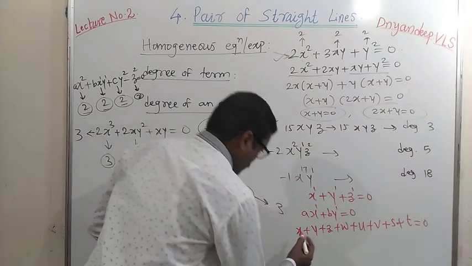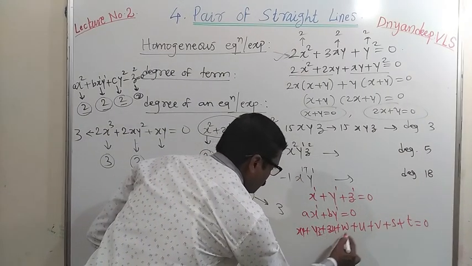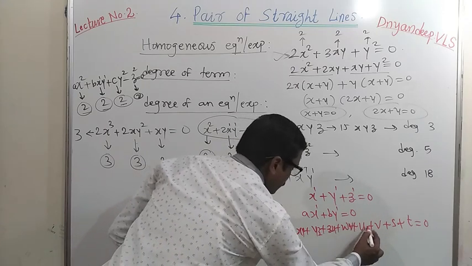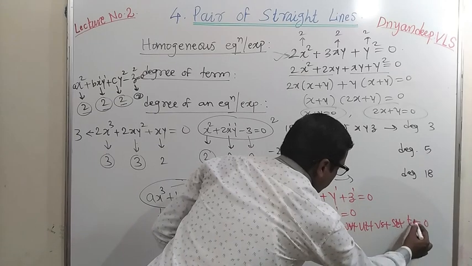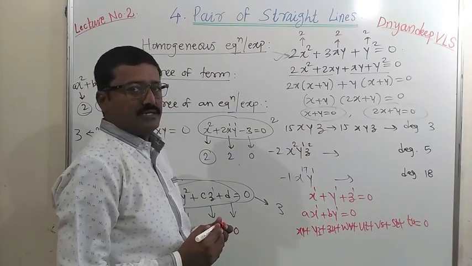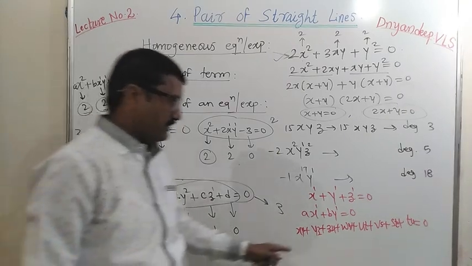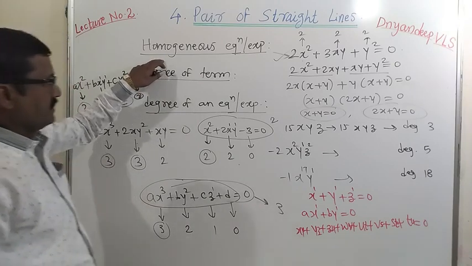You can take the variables at random: xy plus yz plus zu plus wv plus ut plus vs plus st plus su plus tu is equal to 0. Then this is also a homogeneous equation or expression because the degree of each term is 2. Is it clear now about homogeneous equations?